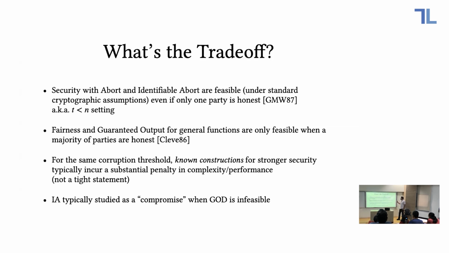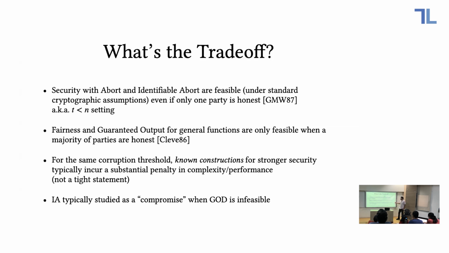But this is a very loose statement, because as we will see, we don't really have tight characterizations of what happens in the middle. And given that any of these notions is feasible in a setting, ideally you'd like to shoot for the strongest thing, but maybe you can't get it sometimes.